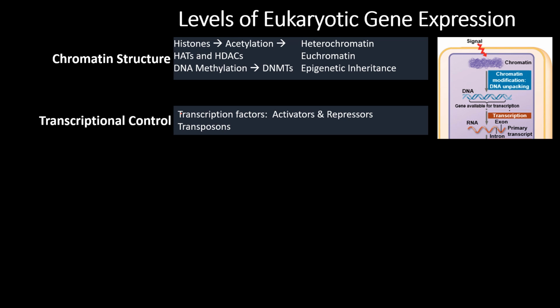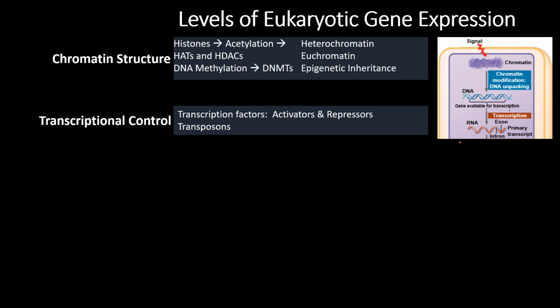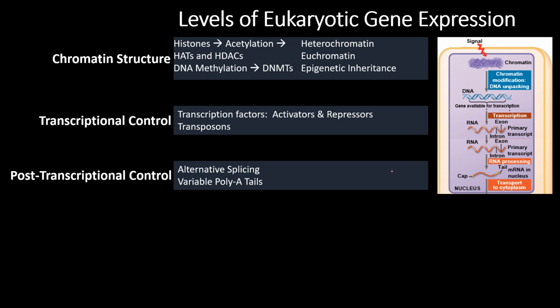Okay, so that's a transposon. And so those are the two examples of what we would call transcription control. Remember that at the end of transcription, you're left with a primary transcript that contains both the introns and the exons. And so of course the next thing we're going to talk about is post-transcriptional control. We've already covered alternative splicing a bit and variable poly A tails.